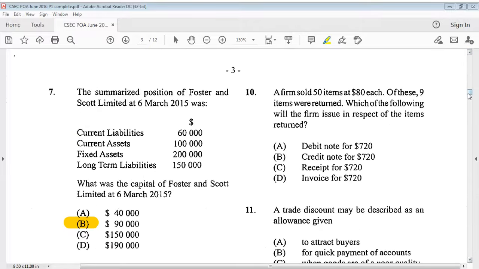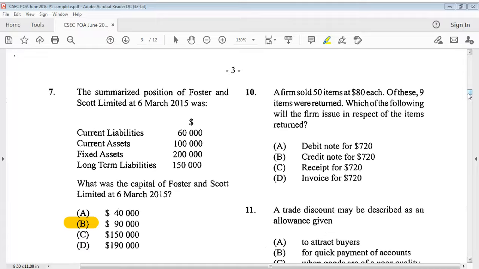It says, a firm sold 50 items at $80 each. Of these, 9 items were returned. Which of the following will the firm issue in respect of the items returned? A, debit note for $720, B, credit note for $720, C, receipt for $720, or D, invoice for $720.